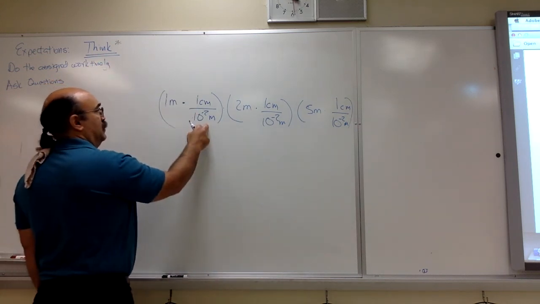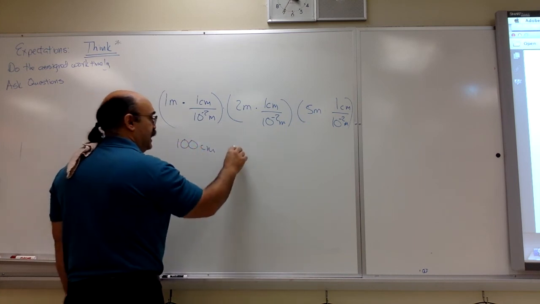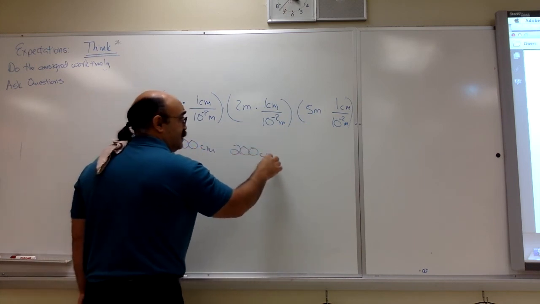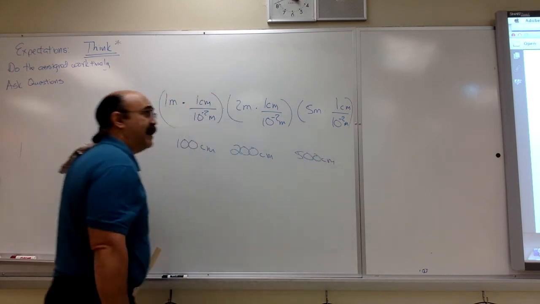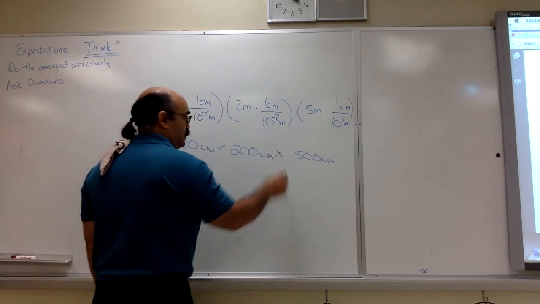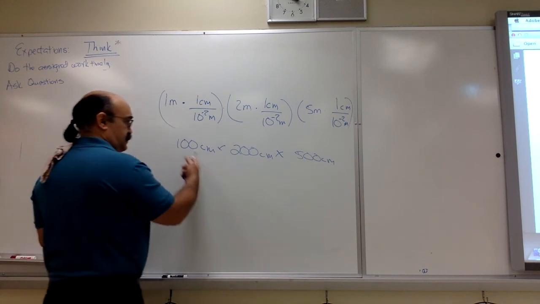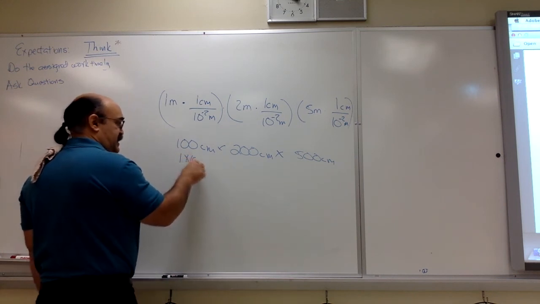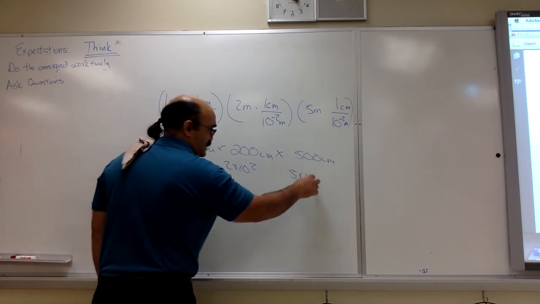Pretty simple. I get 100 centimeters, 200 centimeters, 500 centimeters if I do the math. I multiply them all together, and this is essentially 1 times 10 to the second, 2 times 10 to the second, 5 times 10 to the second.